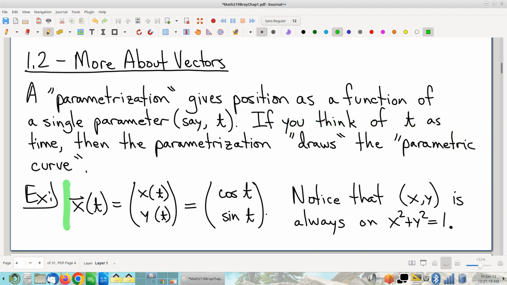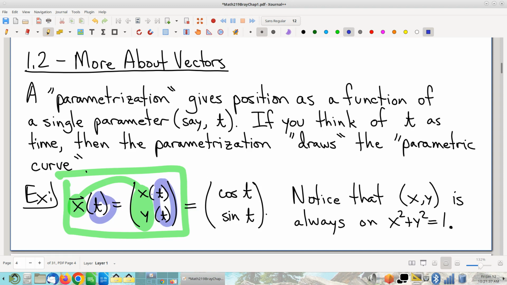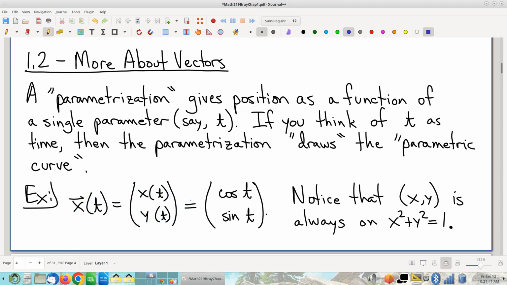Here's a parameterization. Notice that position, x and y, tells you where you are, and it is a function of time. Specifically, x is this function of time, and y is that function of time.